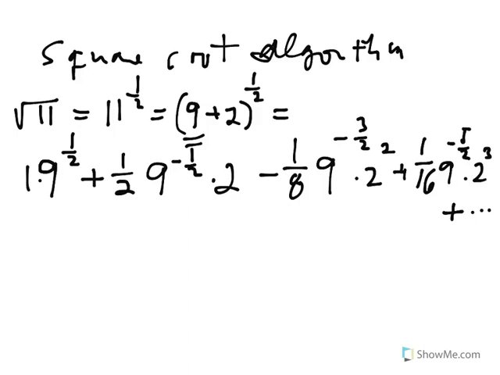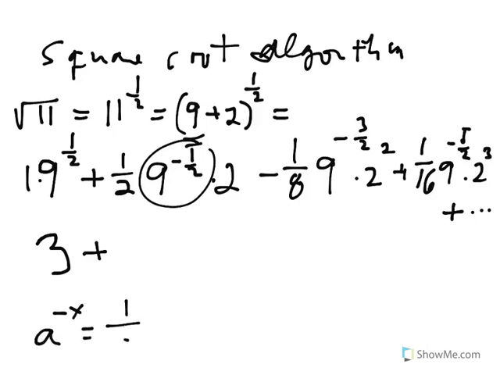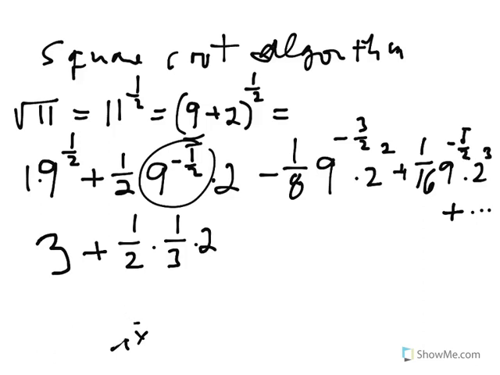Let's see what happens. 9 to the 1/2 is the same thing as the square root of 9, which is 3. 9 to the negative 1/2, just a little reminder that a to the minus x is 1 over a to the x. So 9 to the minus 1/2 is 1 over square root of 9, which is 1/3. 9 to the minus 3/2 is 1 over 9 to the 3/2.